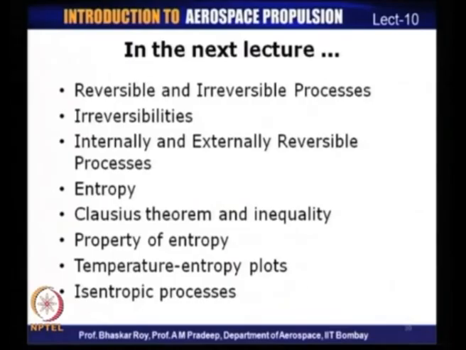In the next lecture, what we shall do is have discussions on what are known as reversible and irreversible processes, and we shall discuss the sources of these irreversibilities and the two different types of reversible processes, internally and externally reversible processes. We shall then discuss a very important property known as entropy, which is basically a consequence of the second law of thermodynamics, and then we shall discuss the Clausius theorem and the Clausius inequality.